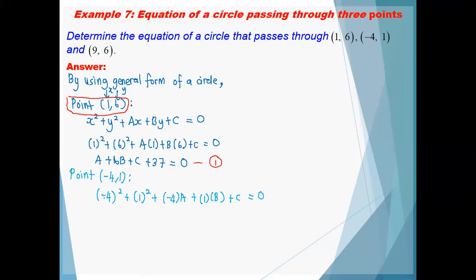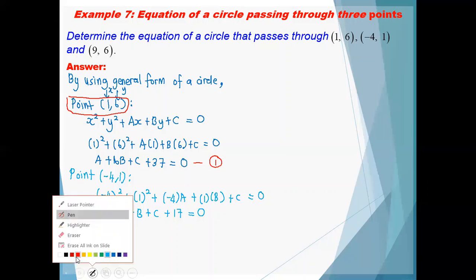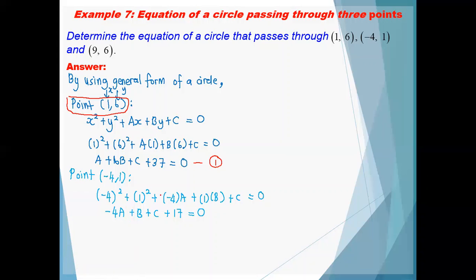So 16 plus 1 is 17. So we update: -4a plus b plus c plus 17 is equal to 0. Okay, so this is equation number 2.